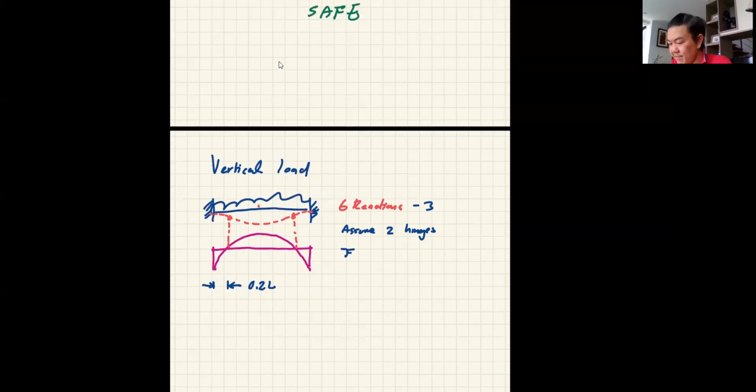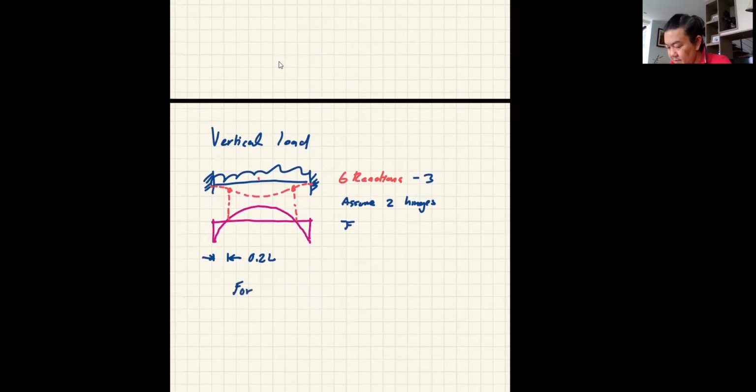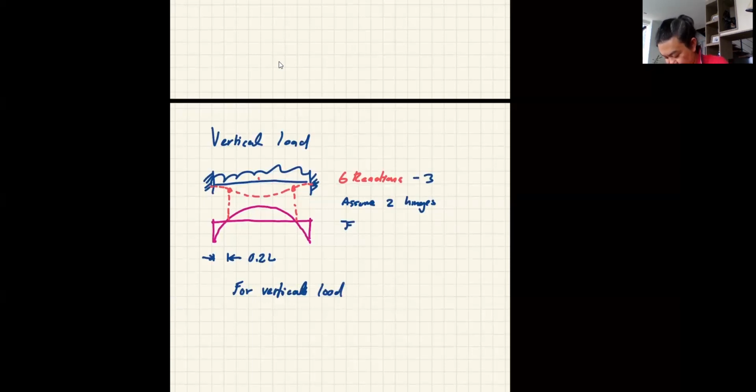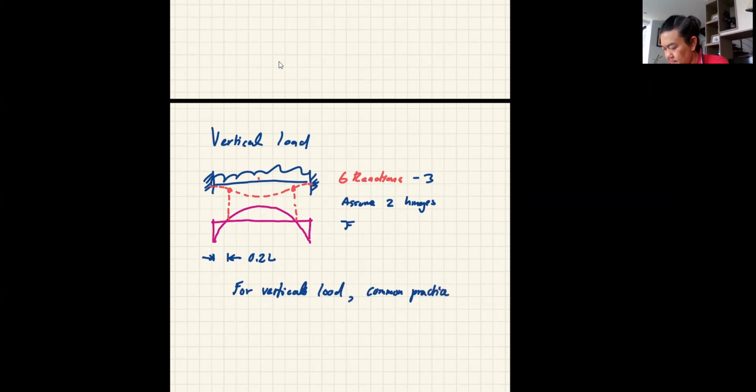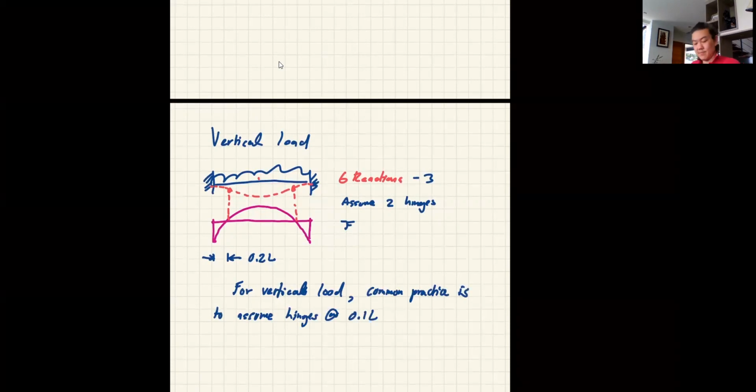Okay? Let's say for vertical load. The common practice is to assume hinges at 0.1 L. Okay, and then we say the axial deformation is negligible.